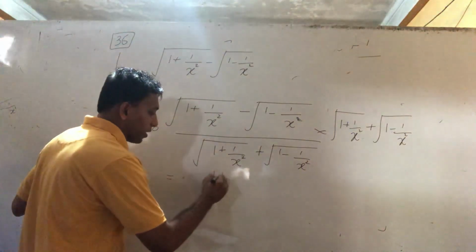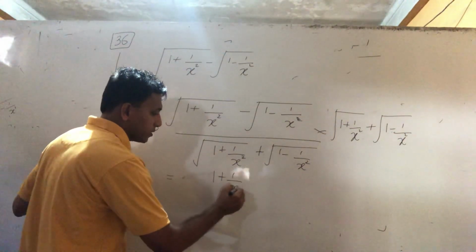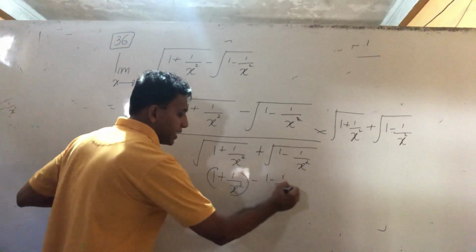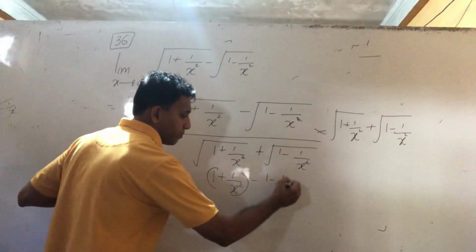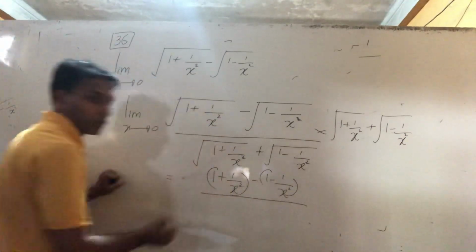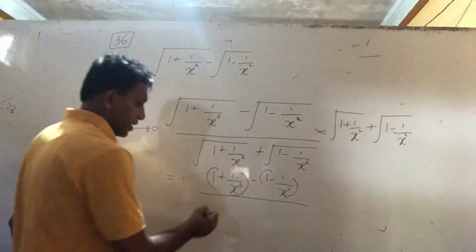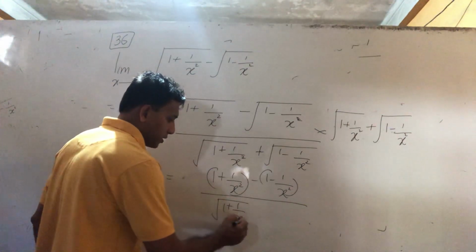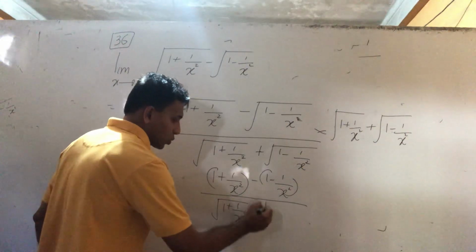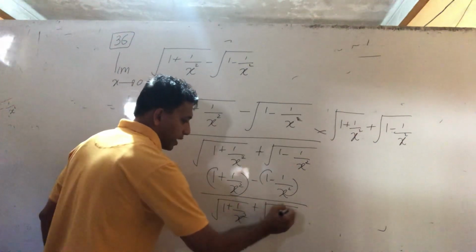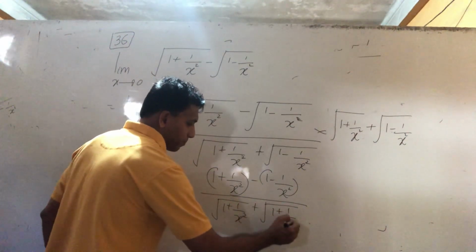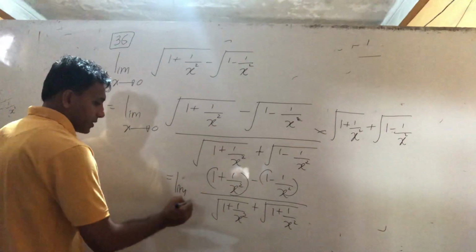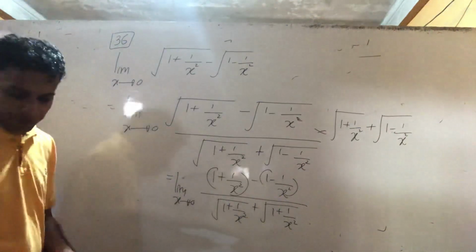That is 1 plus 1 over x square minus 1 minus 1 over x square, over the sum of the two square roots. Limit x tends to 0.